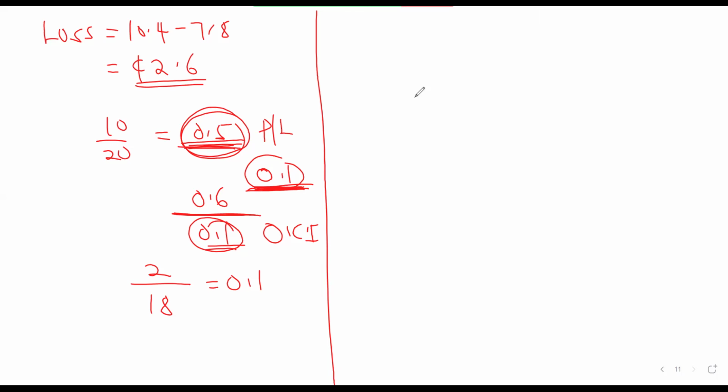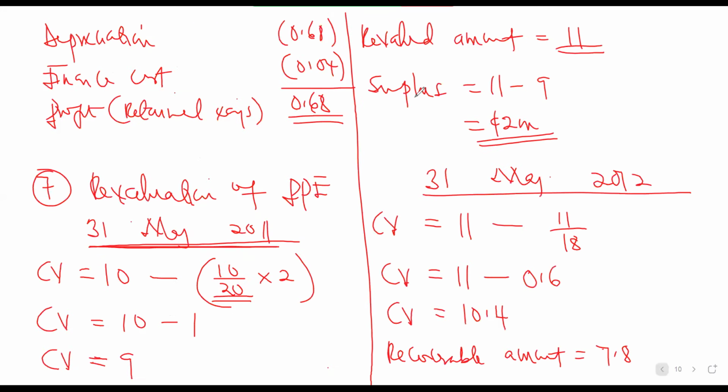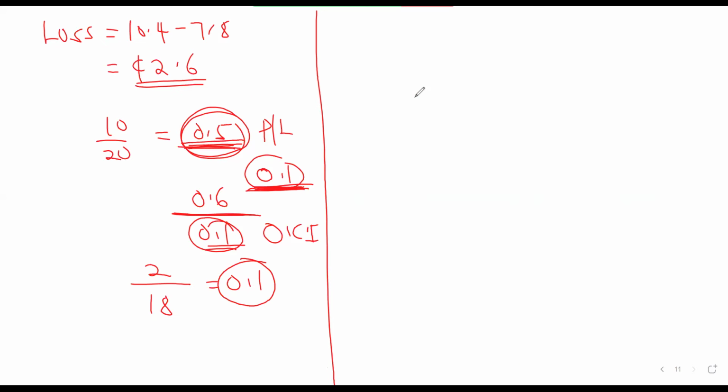So the company will transfer 0.1 for this year to retained earnings. It means that the revaluation surplus will no longer be 2 million in the OCI, or in the revaluation surplus account, or in the other component of equity.